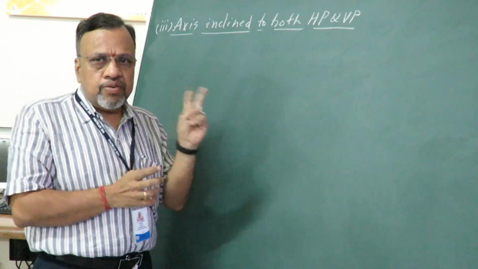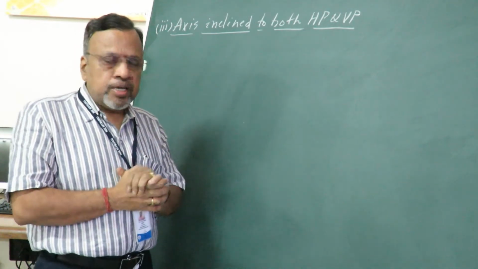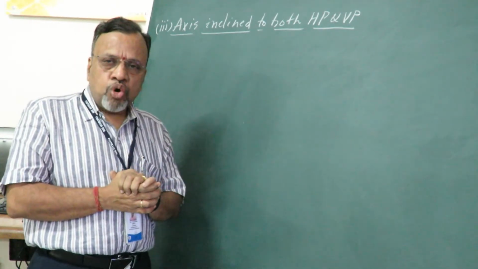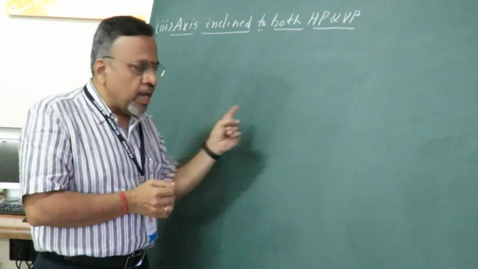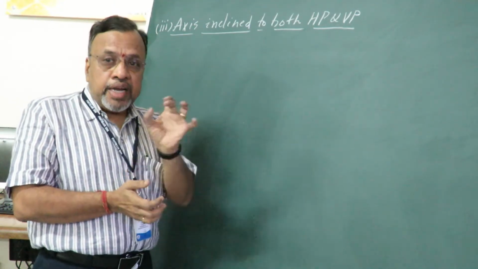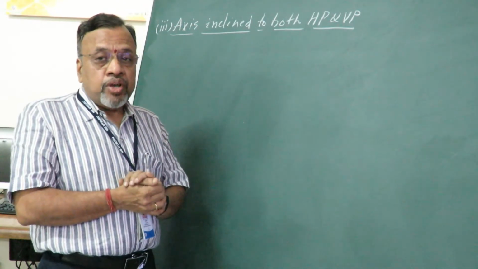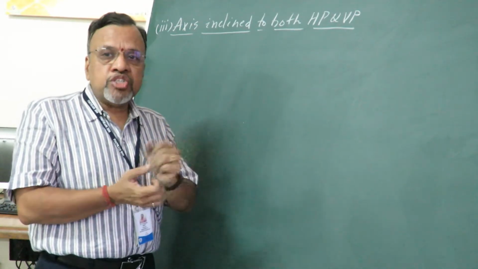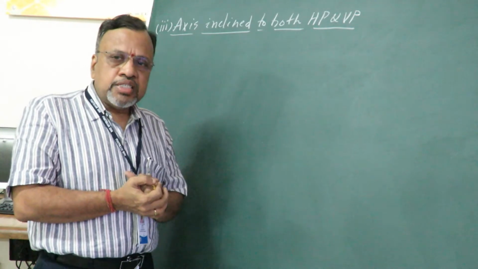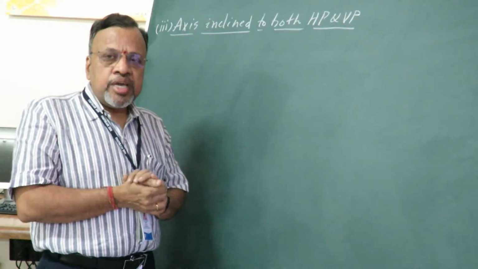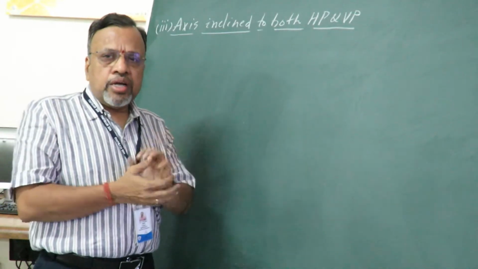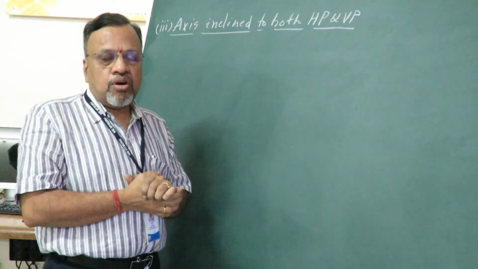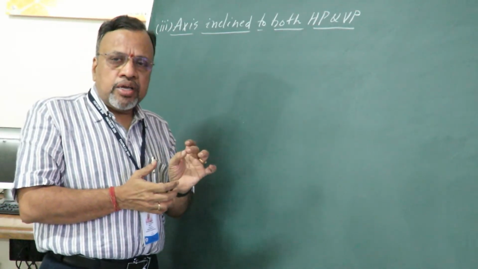Whenever we give it this way, strictly speaking, I can do it starting from either the top view or the front view. But in the problem statement, I would have given one line saying an edge of the base is in HP, or an edge of the base is in VP, or a corner is in HP, or a corner is resting on VP.